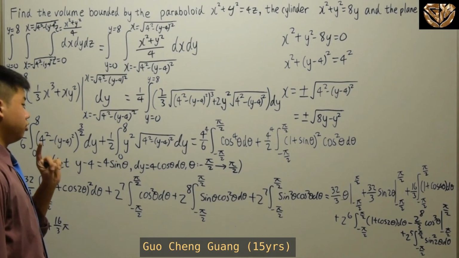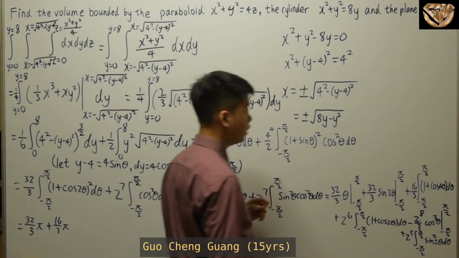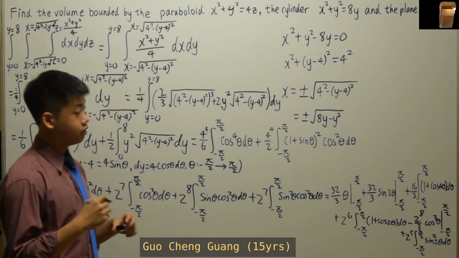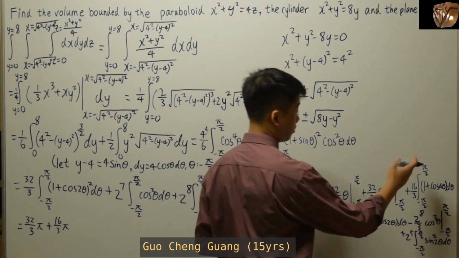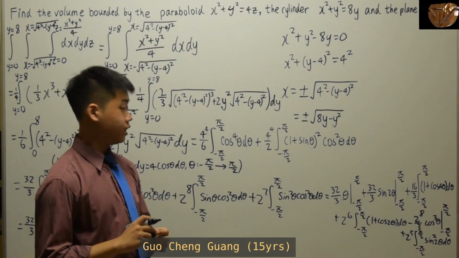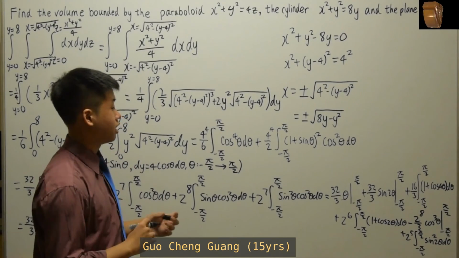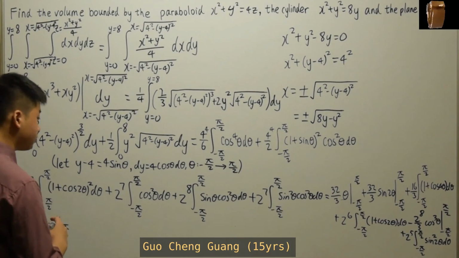Now, for the term behind, since this is a cosine 4 theta, it becomes a sine 4 theta. Now sine 4 theta, when you multiply by half pi or negative half pi, will just become 2 pi and negative 2 pi, which makes the sine 0. So that's one we also won't have.